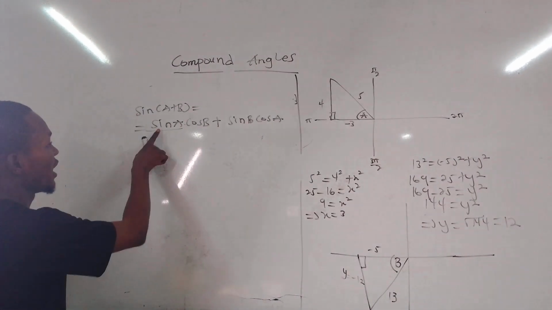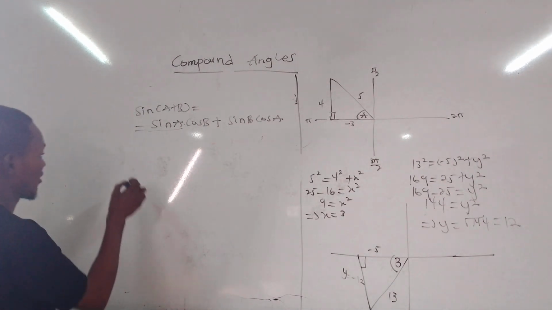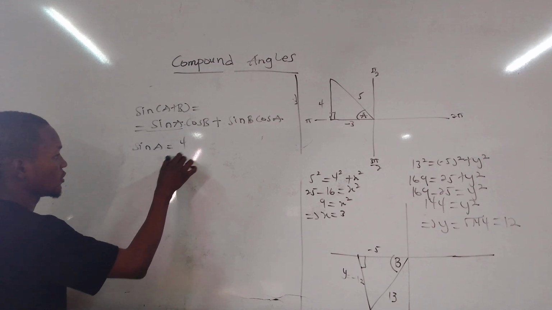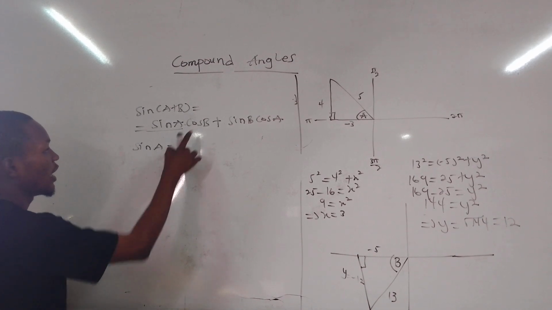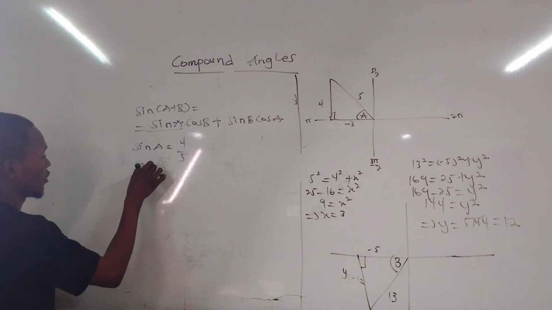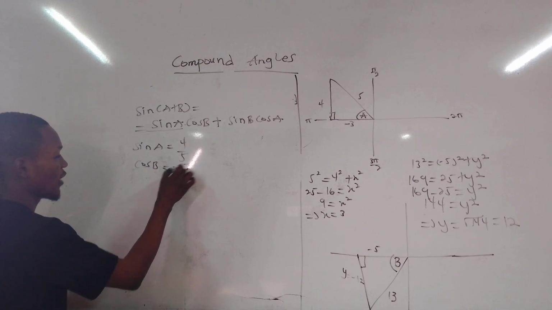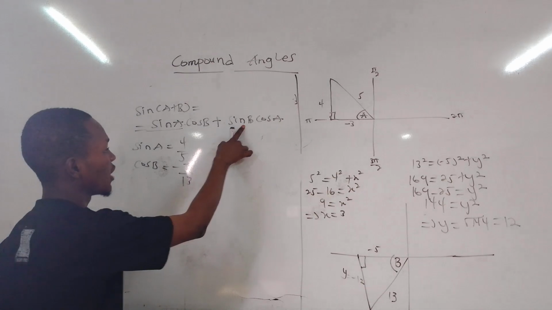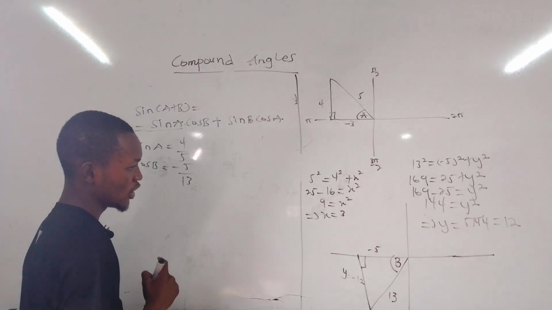Good. Now what's the value of sine A? Sine A was given in the question as 4 on 5. And then cos B was also given as negative 5 on 13. That means we have to find sine B and cos A. How do we find sine B?